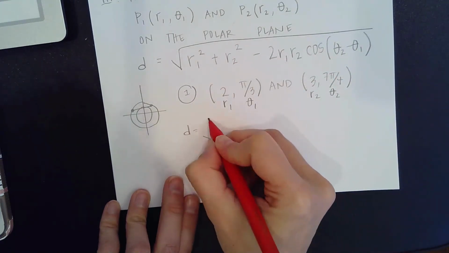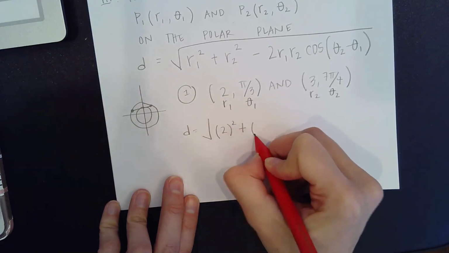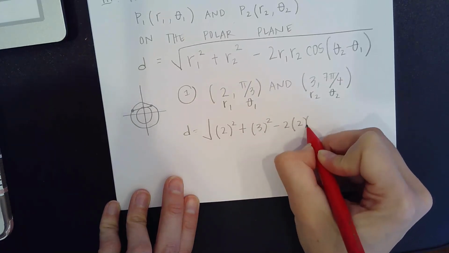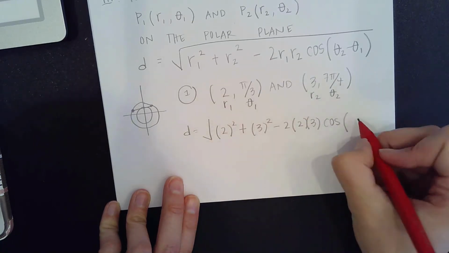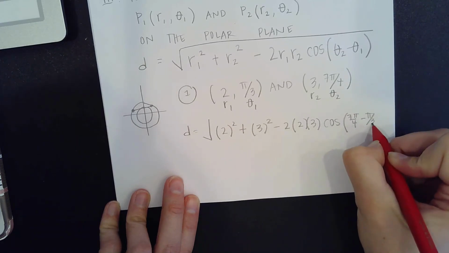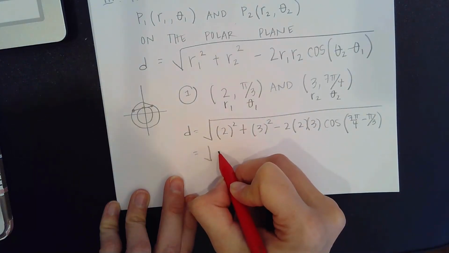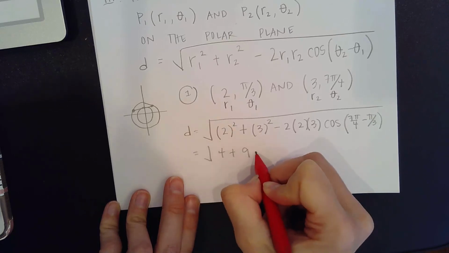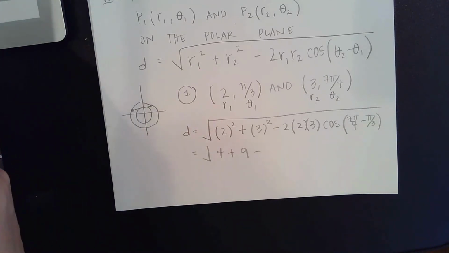So your distance is going to be the square root of 2 squared plus 3 squared minus 2 times 3 times cosine of 7 pi over 4 minus pi over 3. So that's going to be what? 4 plus 9 minus, when I subtract here, 12.